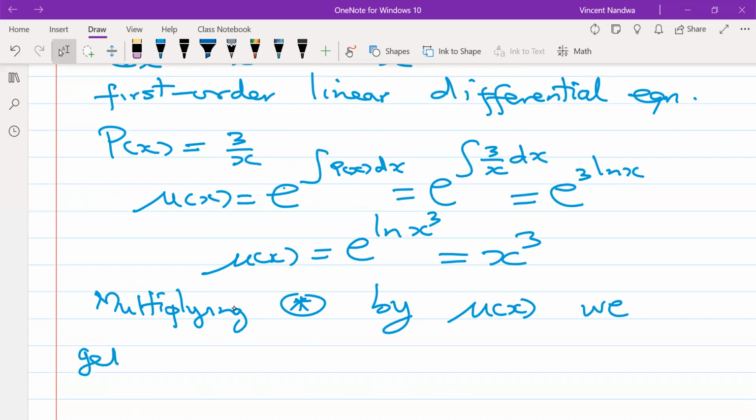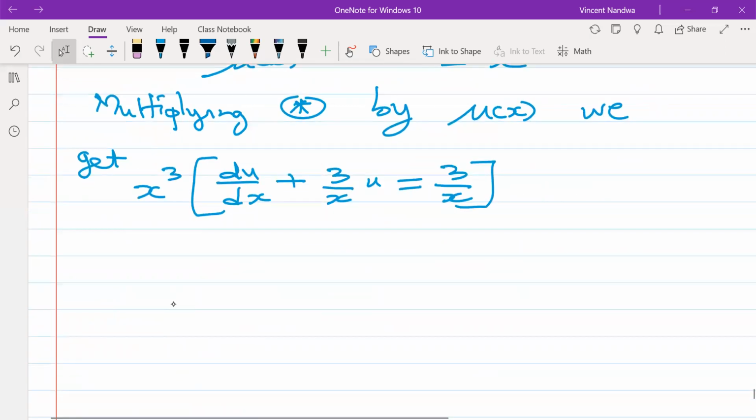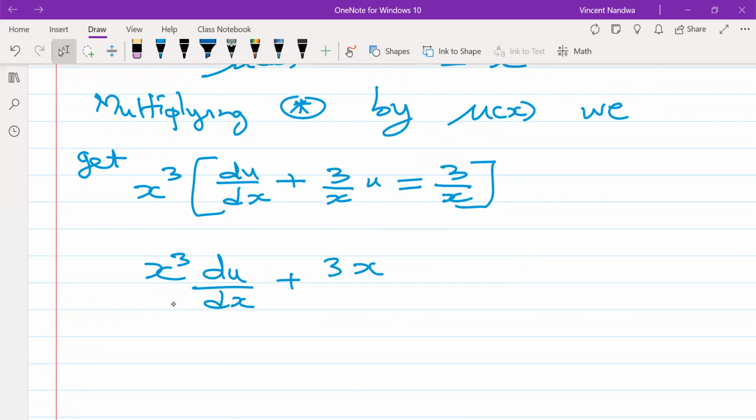we get, so mu is x power 3 times du dx plus 3 over x u equals to 3 over x. So you'll get x cubed du dx plus 3 x squared u equals to 3 x squared.